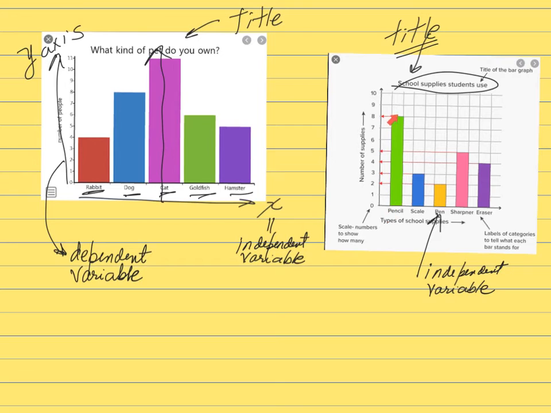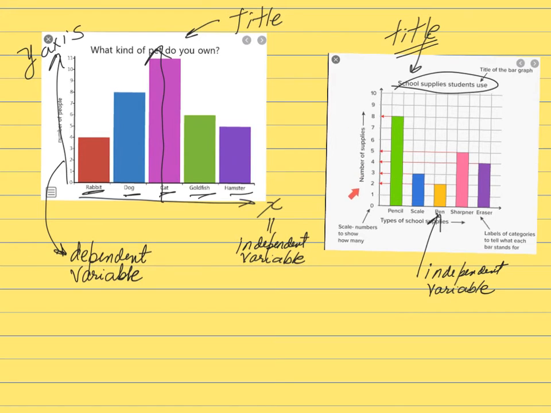Here you have the number of pencils, and here you have the number of scale that was used. Here you have the number of pen, okay? And you can find the total number of supplies that were observed when students were asked about the supplies that they were bringing to school.